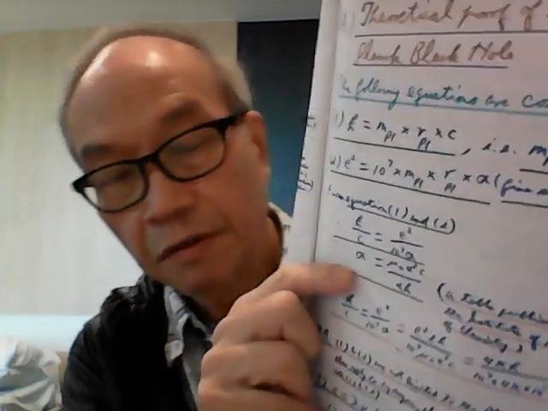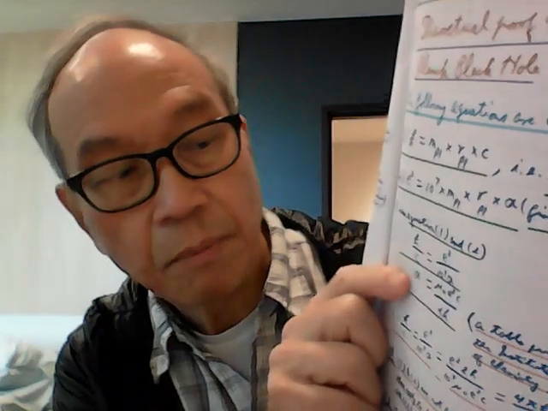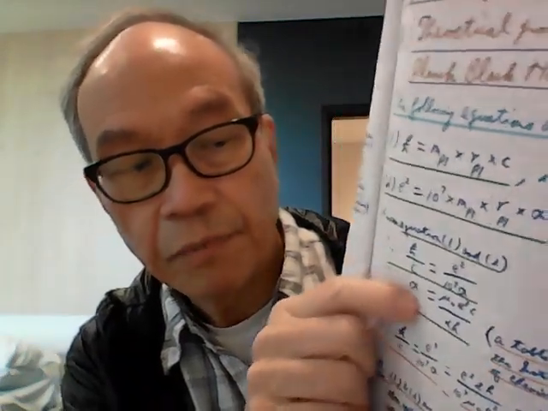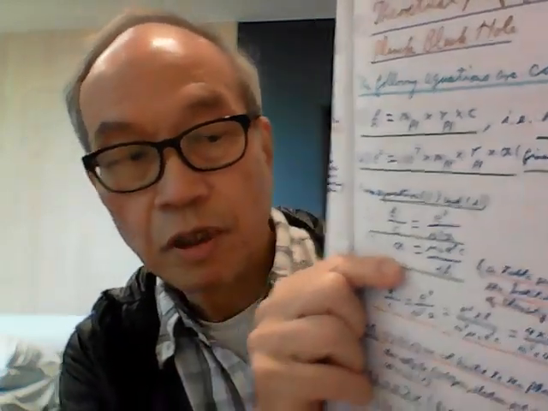From h bar divided by c is equal to E squared divided by 10 to the power 7 alpha, and because alpha is equal to mu naught E squared c divided by 2h, we immediately get the third relationship.